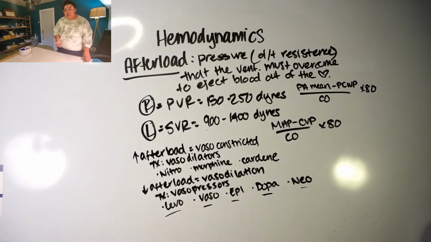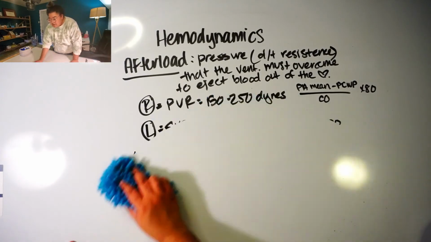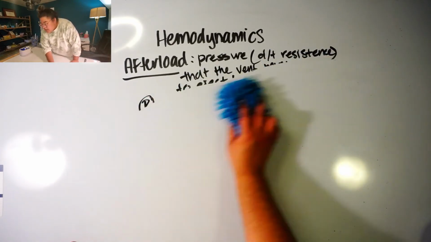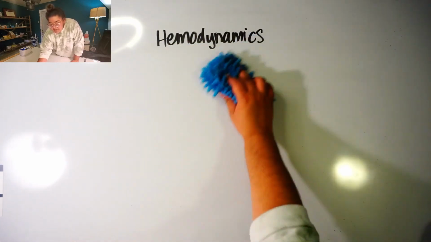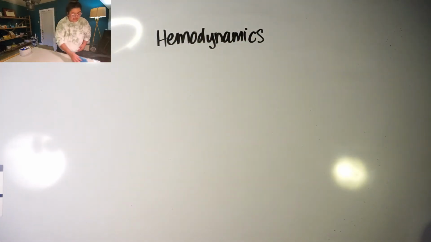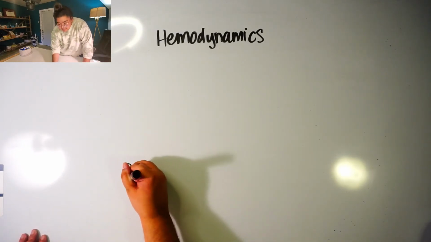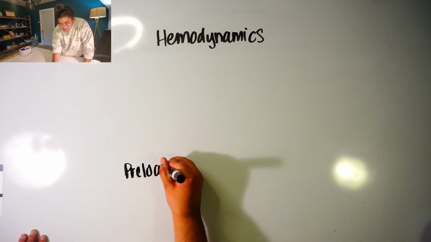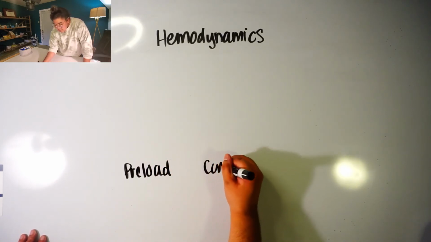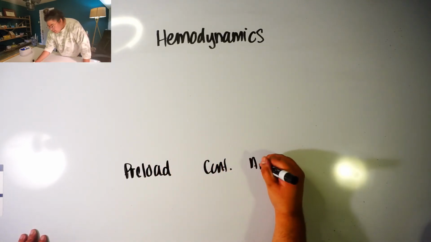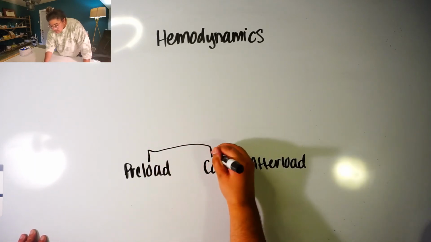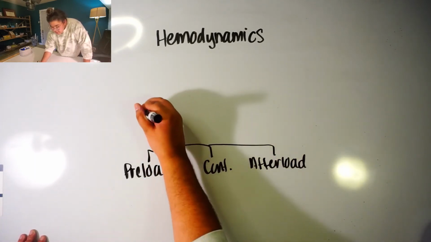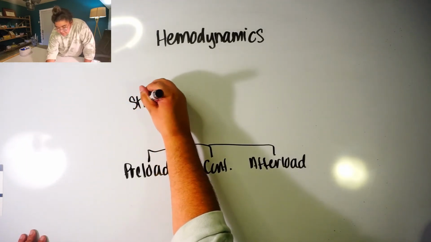So we've talked about preload, we've talked about contractility, and we've talked about afterload. So we know what these concepts mean, and now we need to see how they relate to a few things, okay? So we have preload, contractility, and afterload. All of these are going to affect stroke volume.